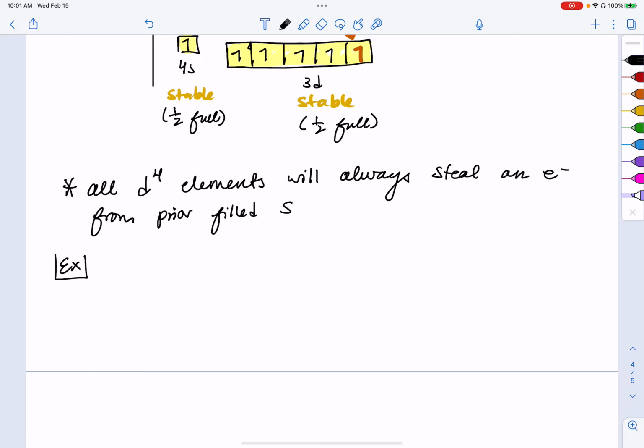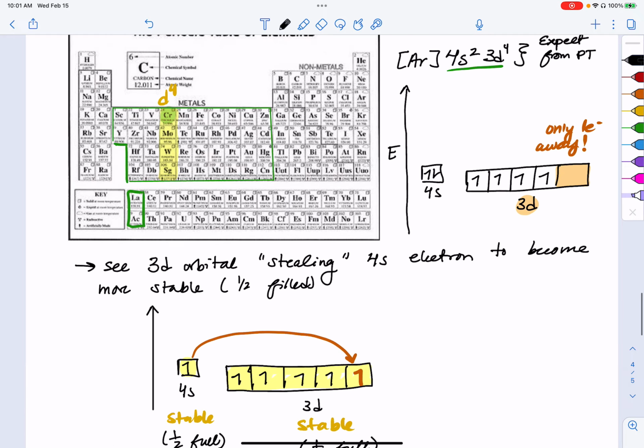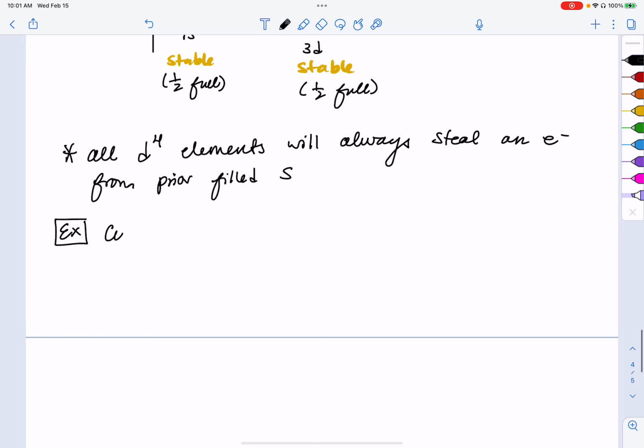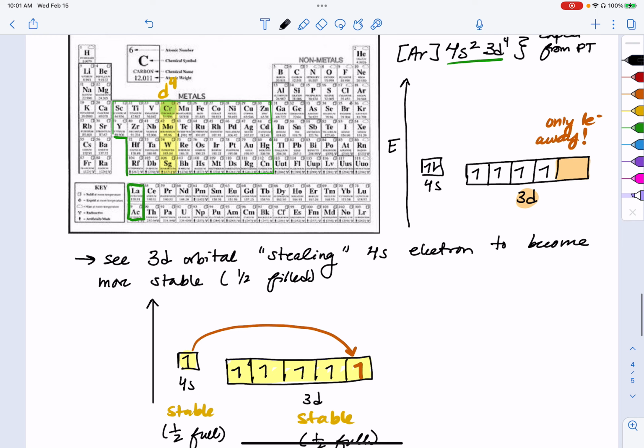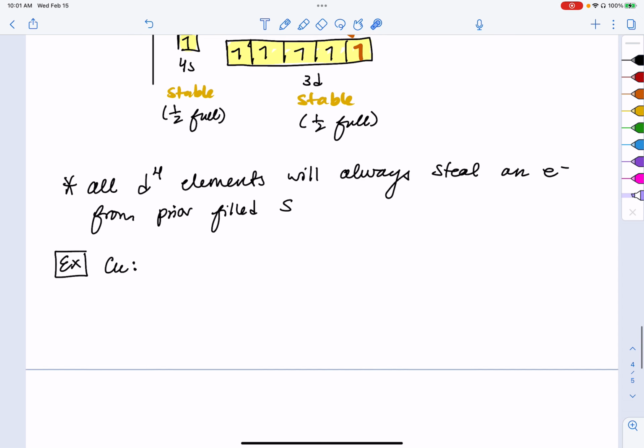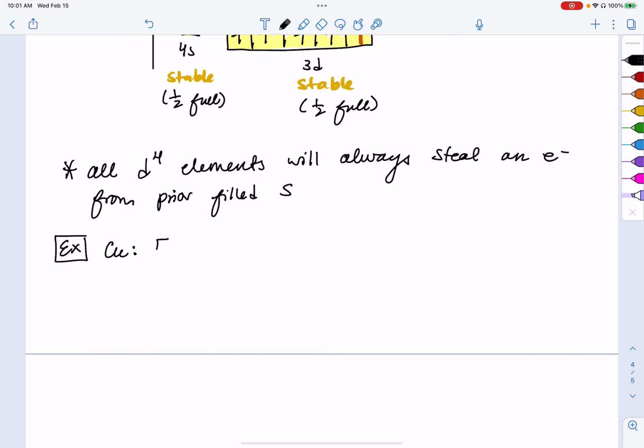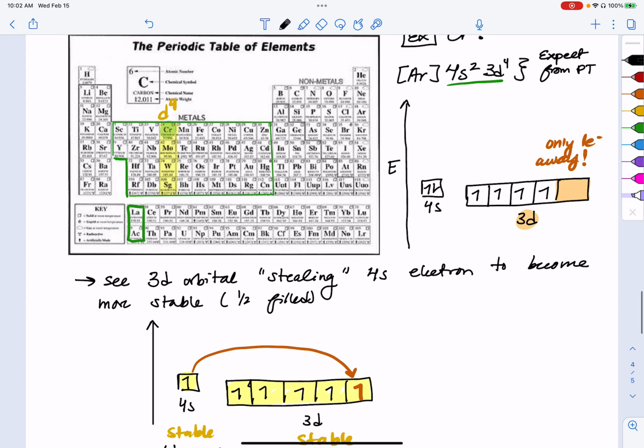So for example, let's look at the electron configuration of copper. Using my noble gas notation, copper's in the same row as chromium, so it's going to have the same prior noble gas, which is argon. And that would be 4s2, 3d9. Count 1, 2, 3, 4, 5, 6, 7, 8, 9.